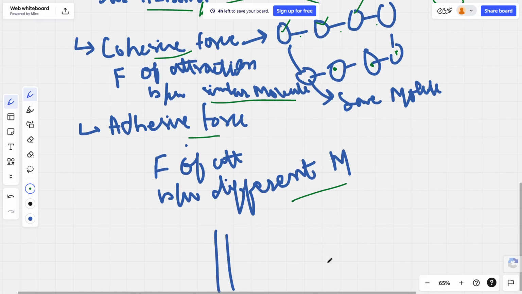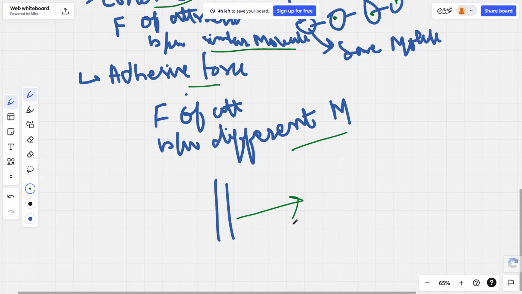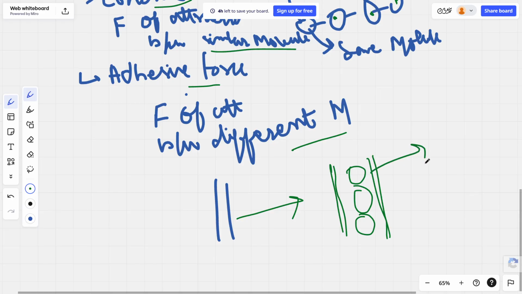Let me show you in the picture. This is too small, I am making a bigger picture. This is our trachea, and in the trachea we have molecules. We also have vessels with the trachea. These are too small, you cannot see them by eyes. These are the vessels.